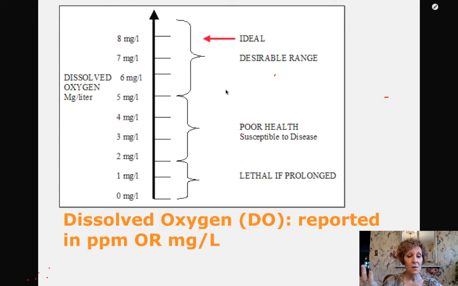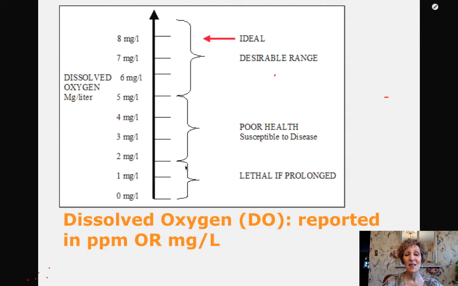And we can also measure that in ppm, parts per million, or milligrams per liter, talking about how much oxygen is dissolved. And you see this is the desirable range. If you get less than 5 milligrams per liter, that's a system that doesn't have enough oxygen.